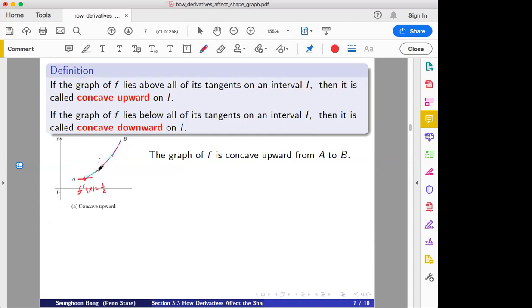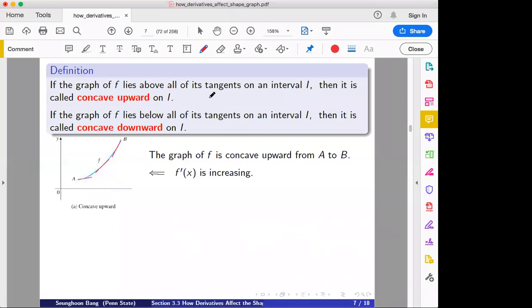You choose this point, and f prime of x is steeper, like 2. You can choose this point, draw a tangent line, and the slope is like 3. What does it mean? As the x value increases, what happens to f prime of x? 1/2, 2, 3. f prime is increasing.